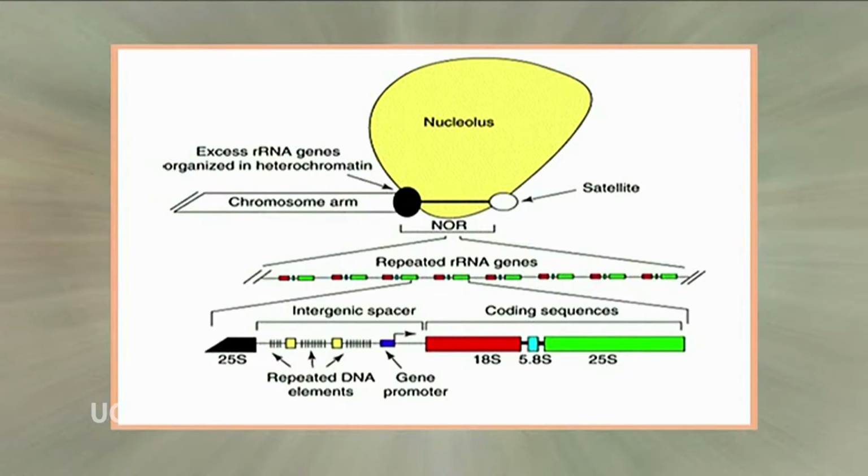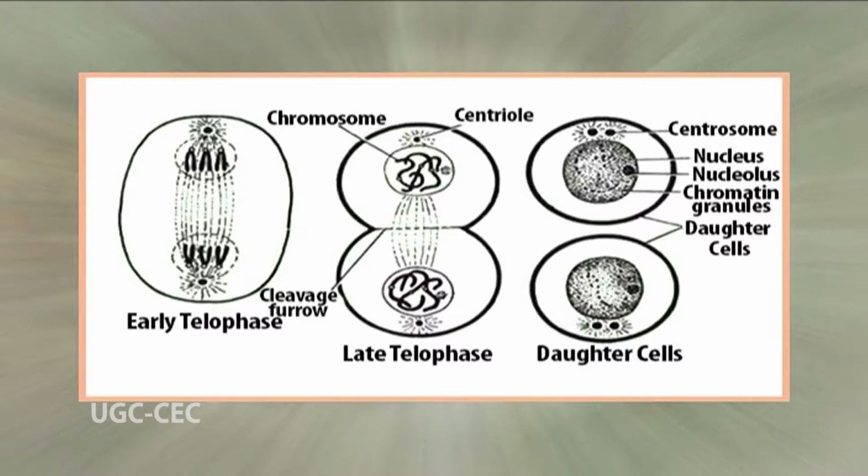The nucleolus organizing regions of chromosomes, which harbor the genes for pre-rRNA, are the foundation for the nucleolus. The nucleolus disassembles at the beginning of mitosis and begins to reassemble in telophase.